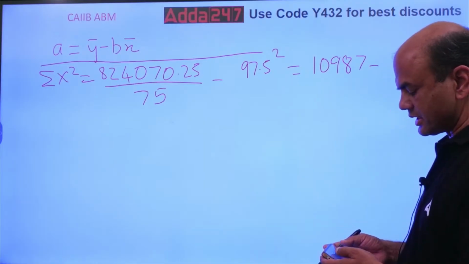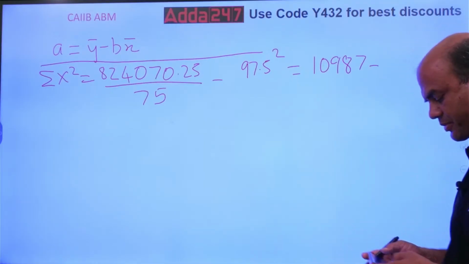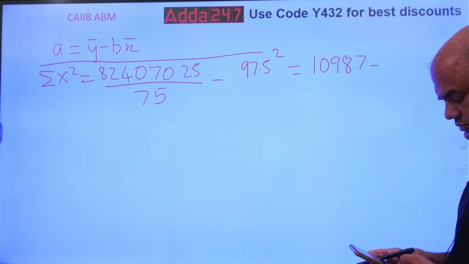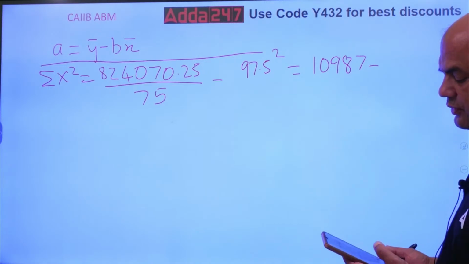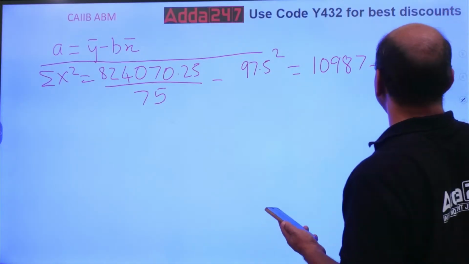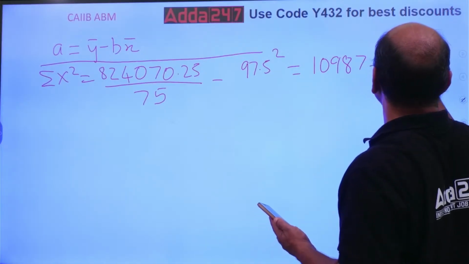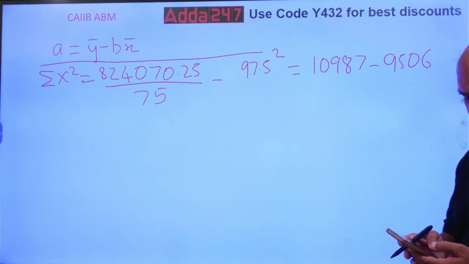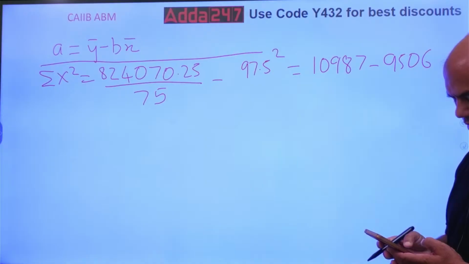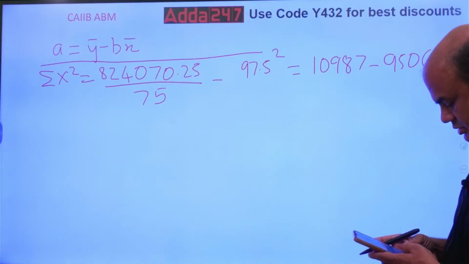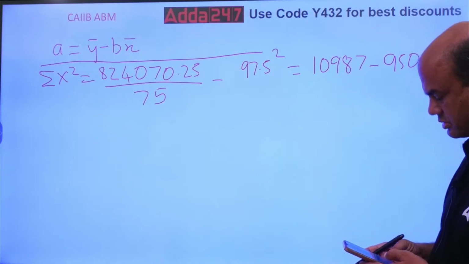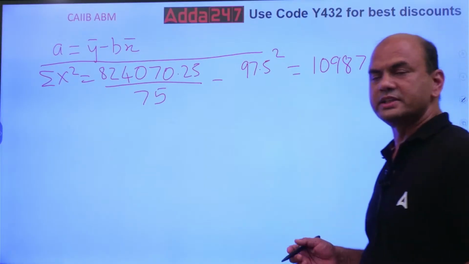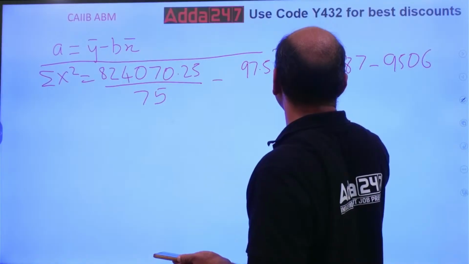Square means again scientific calculator. So 9506.25. Take round, 9506. Round I am taking. So what is the answer then? 1480. Are you getting this? 1480.